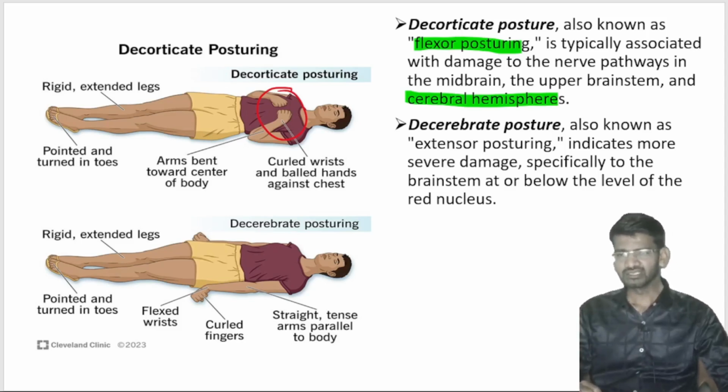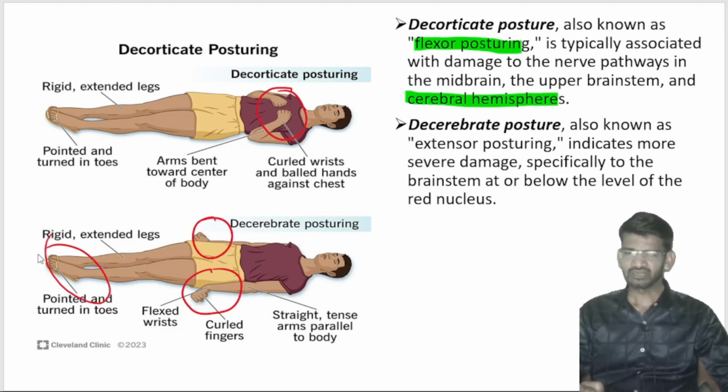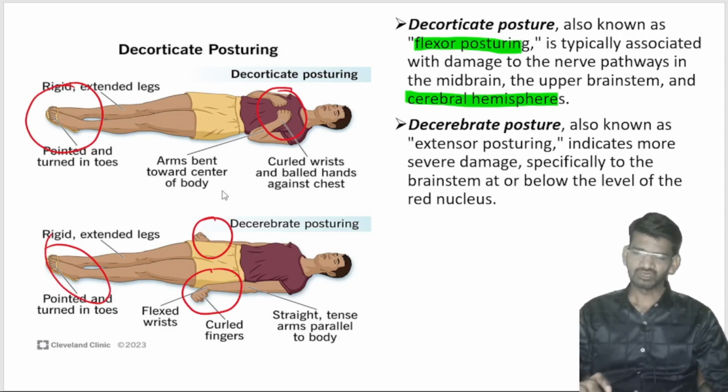Then you look at the decerebrate position, the hands are being extended by the side, okay. The feet are being pointed, here also the feet are pointed, toes are being pointed. So this is the difference between decorticate and decerebrate position that you should make out.